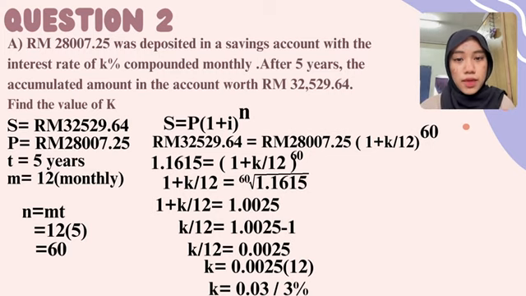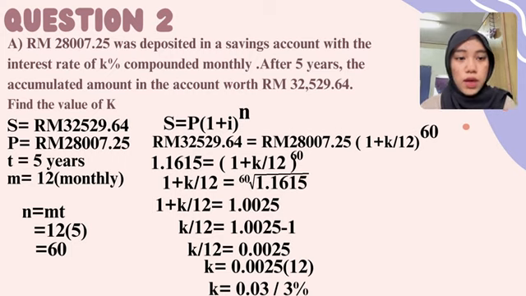And then for 1 plus K over 12, you must take the 60th root on the left hand side and you get 1.0025. And then the 1 from the left hand side, you must move to the right hand side and you get 1.0025 minus 1, which is 0.0025.